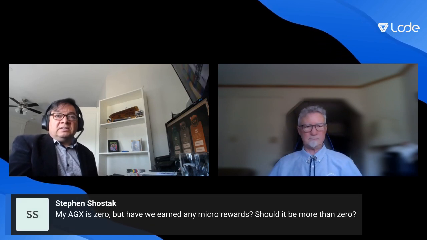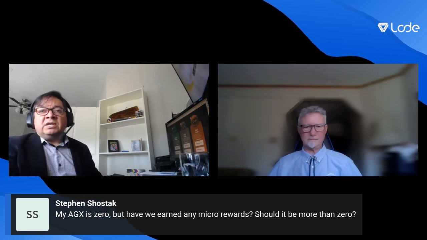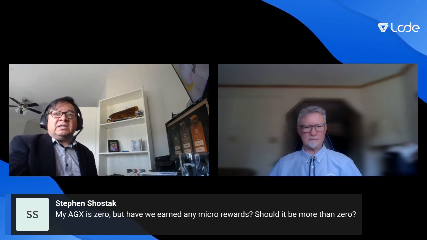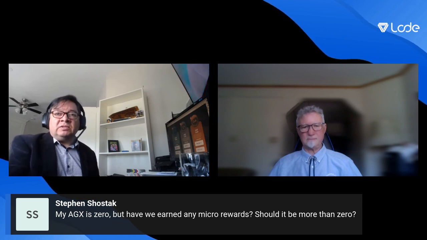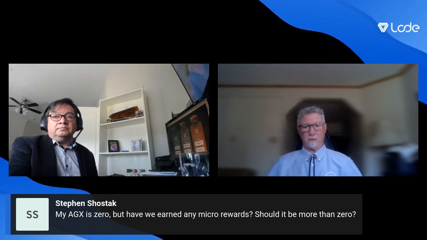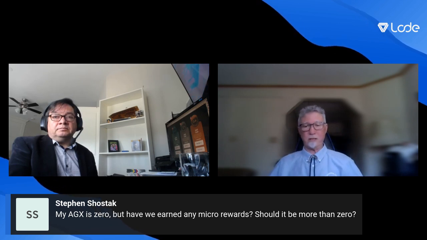Stephen asks about micro rewards he has earned. Contact support, Stephen, and provide your Syscoin address or your AVAX address, and we'll be able to assist you in finding them. The other side of this coin is that you could have created a second wallet, and you're in the second wallet.